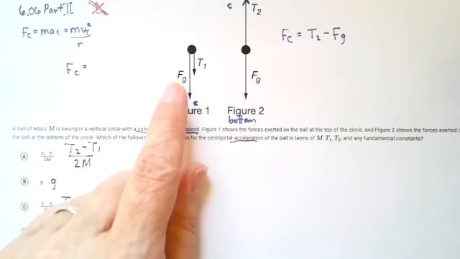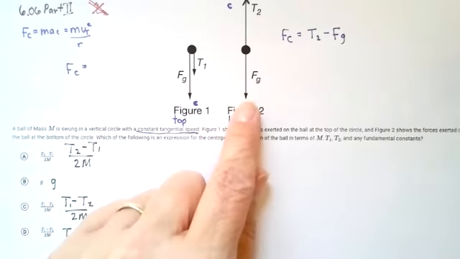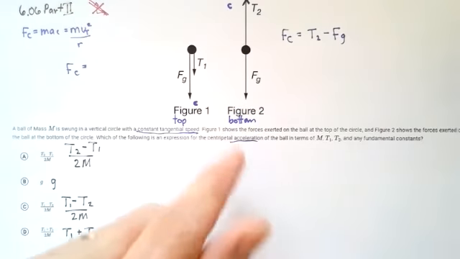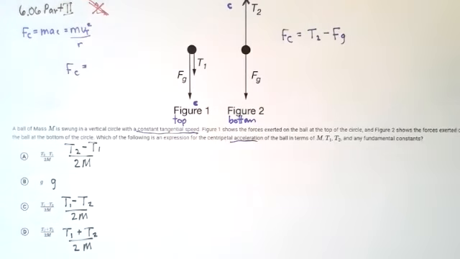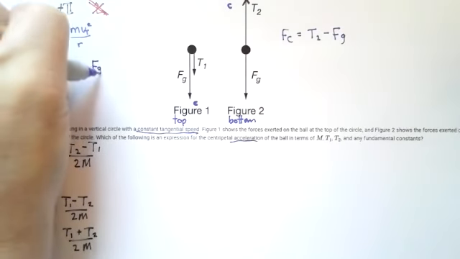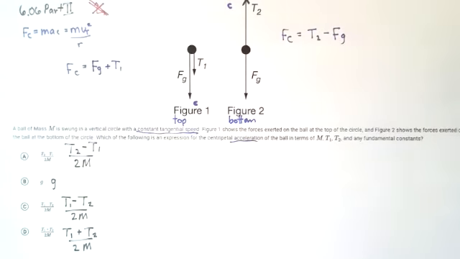It's actually going to be positive because it's pointing towards the center of the circle. So instead of writing this as negative, and here it is negative because I have my ball here and it's working in the opposite direction, but here it's not. So when I write this expression, it's going to be force of gravity plus T1, because we're dealing with a vertical centripetal system.